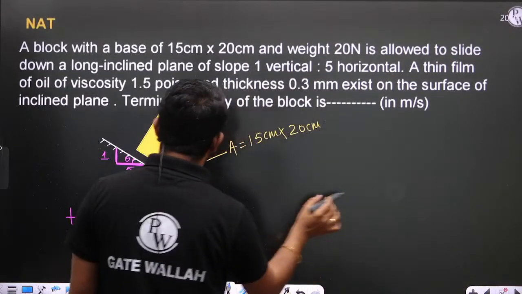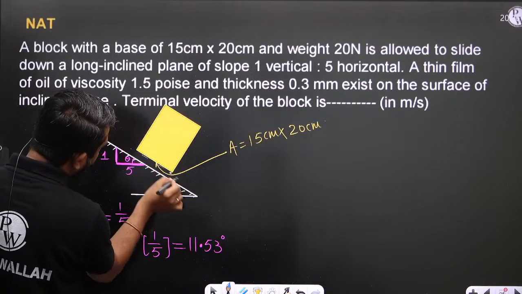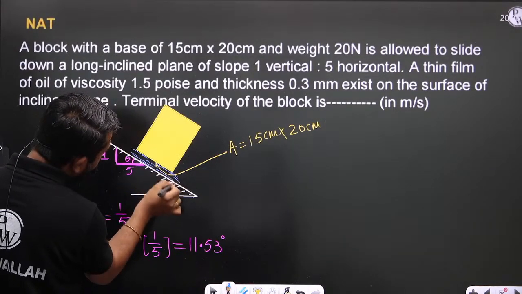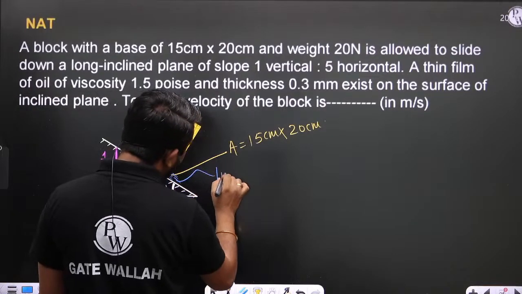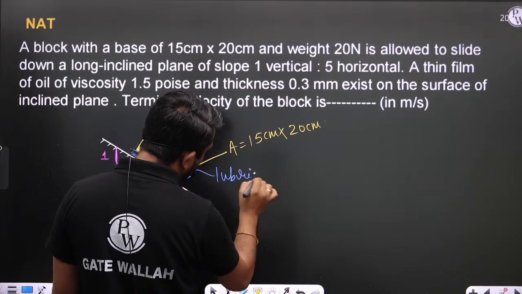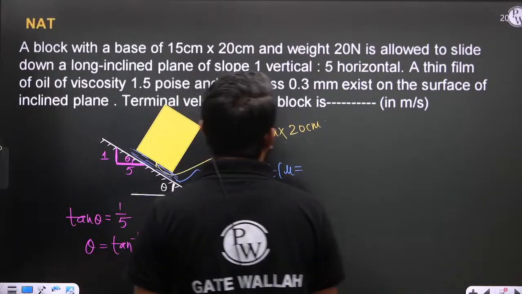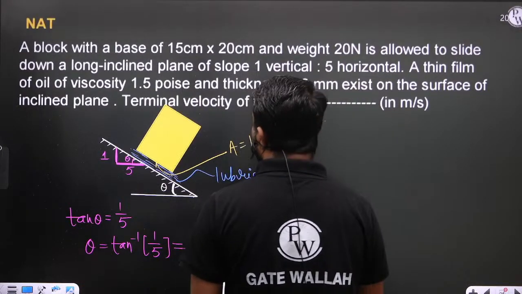And there is a lubricant, whose viscosity is 1.5 poise.